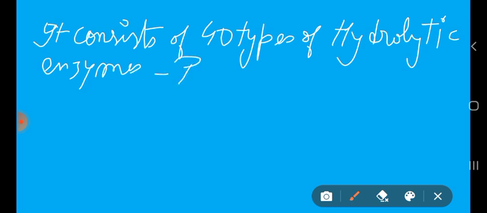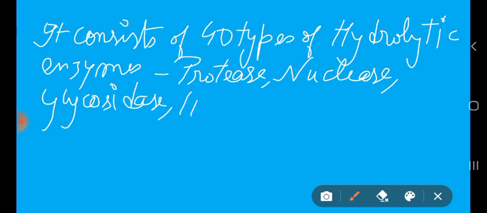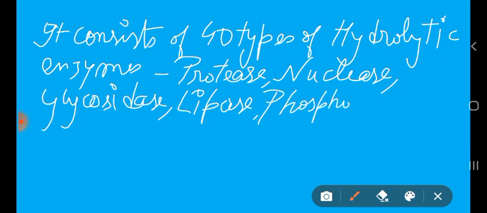protease, then nuclease, then glycosidase, then lipase, okay, then phospholipase, then phosphatase.